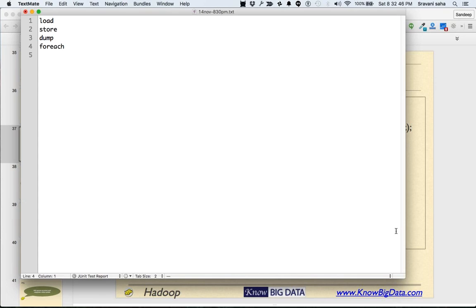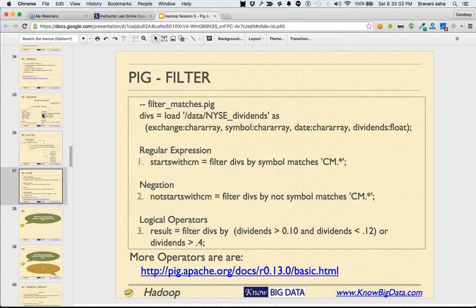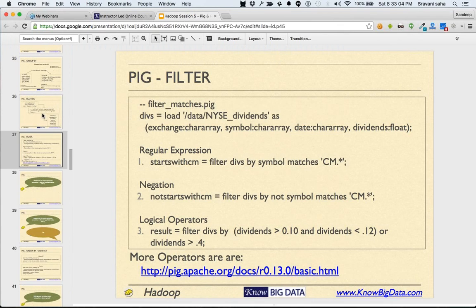Dump was to print what is there inside the data set. And for each was for the projections, as in when we have to iterate, then we use for each. Then there was group by, and then there was flatten.